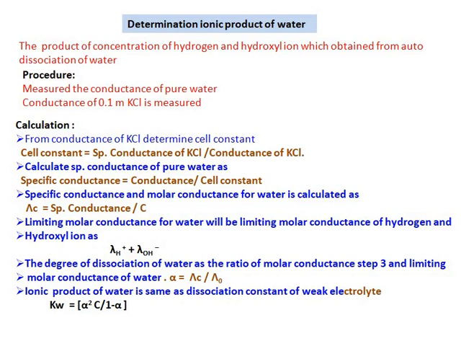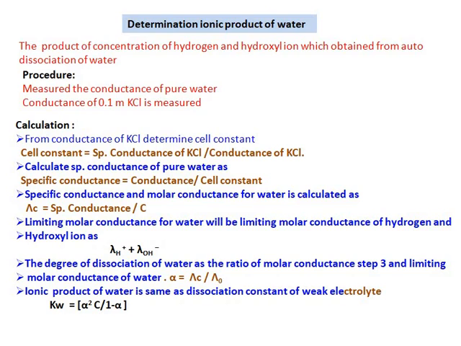Firstly, we measure the conductance of pure water as well as the conductance of a 0.1 molar KCl solution. By measuring these, we can determine the cell constant.